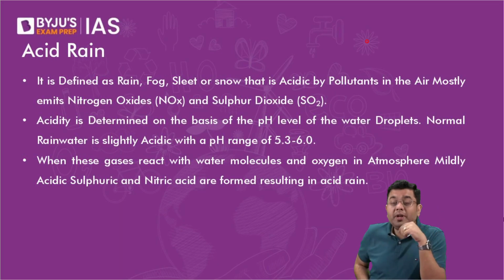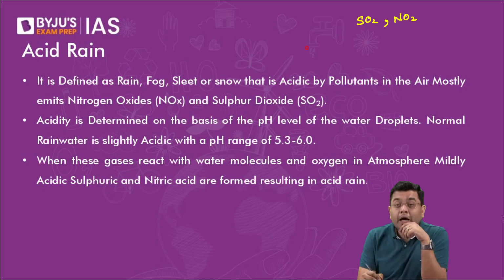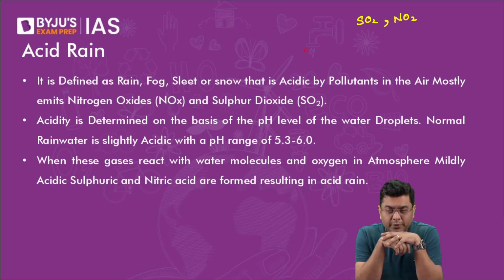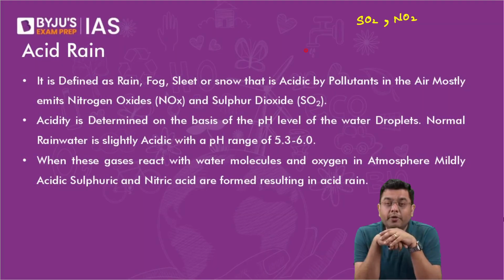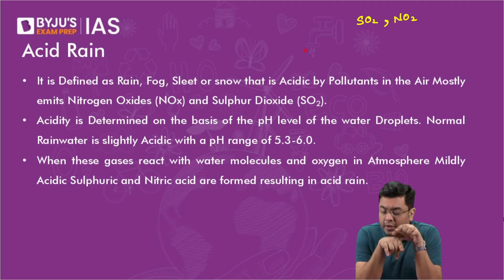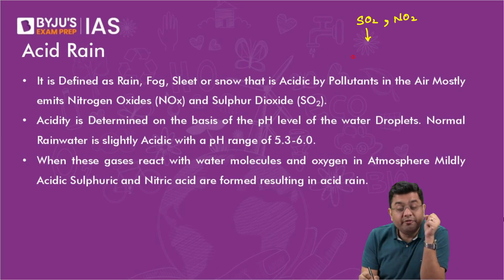When you have pollutants such as sulfur dioxide and nitrogen dioxide emitted into the atmosphere, they stay in the atmosphere. In the atmosphere, they will interact with water vapor particles, and sometimes with dust particles, etc. When they interact with the vapor particles, sulfur dioxide produces a weak, diluted sulfuric acid.